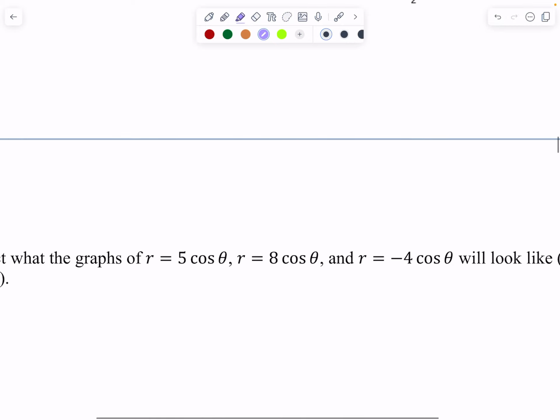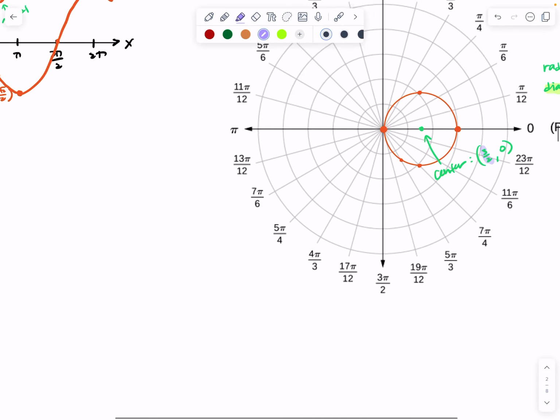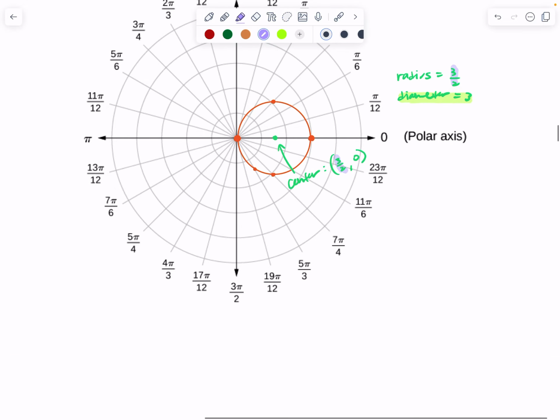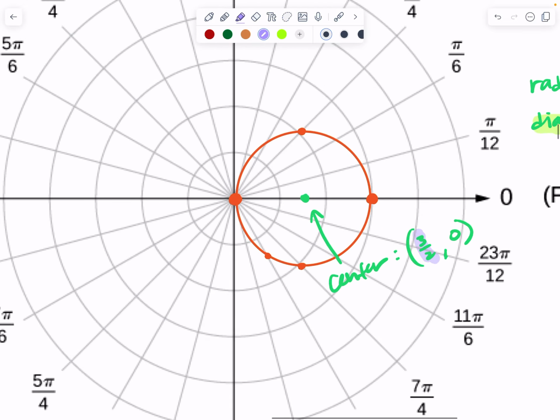But all of the cosine graphs, a number times cosine theta, will end up being symmetric about the polar axis. So the circle would be to the right of the pole, or to the left of the pole, touching the pole. I keep mixing up my terms here.